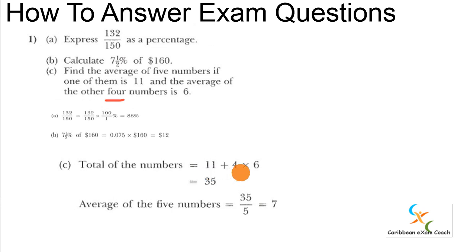So you have 11 plus 4 multiplied by 6. So 6 by 4 is 24 and 11 is 35. And the average of the 5 numbers would therefore be 35 divided by 5, which is 7. So you have shown clearly how you arrive at the answers, and you are very likely to get full marks.